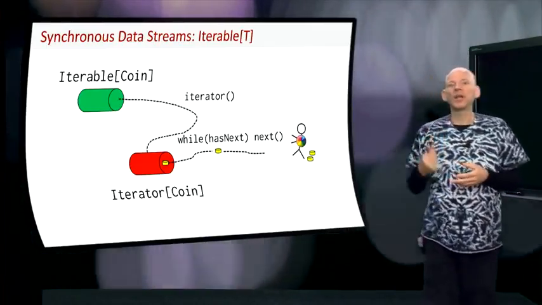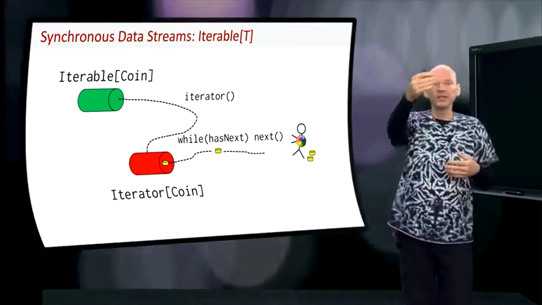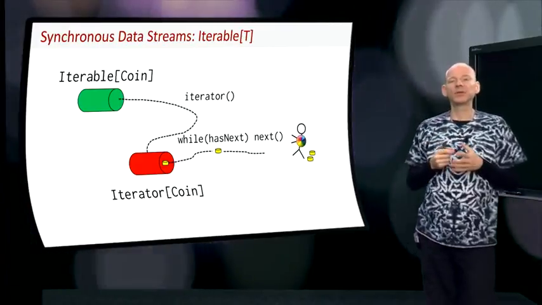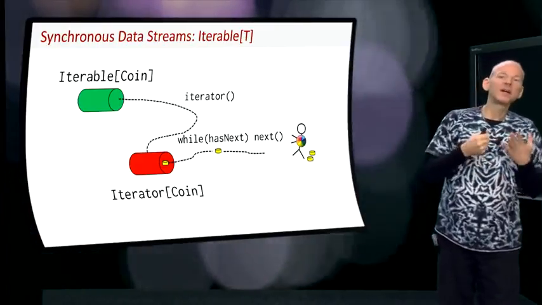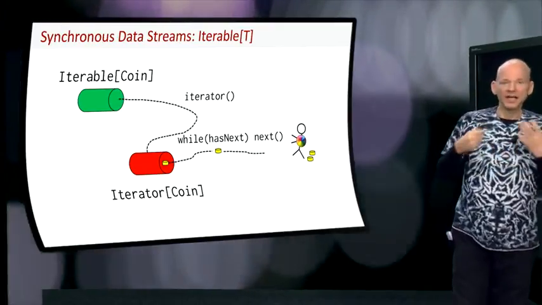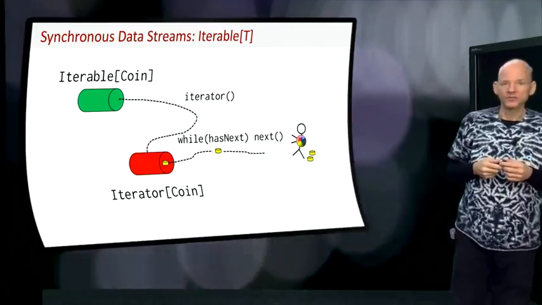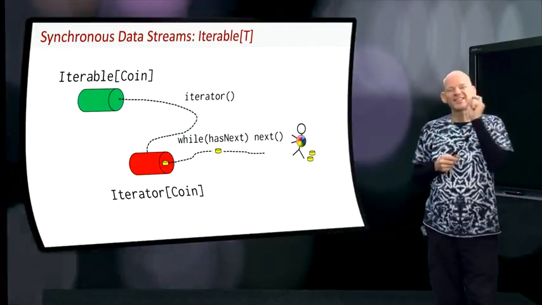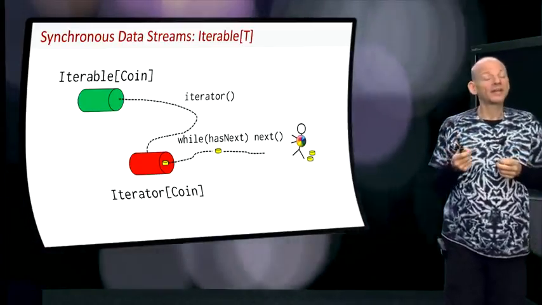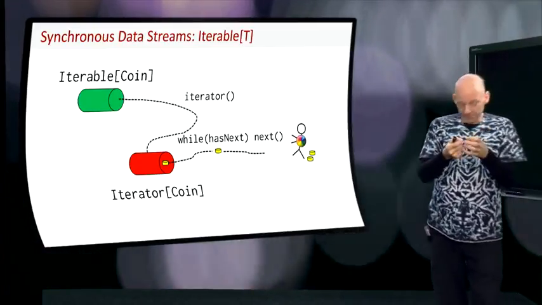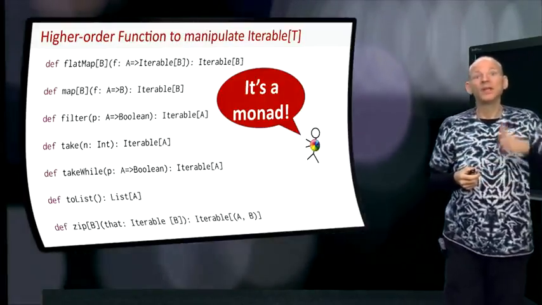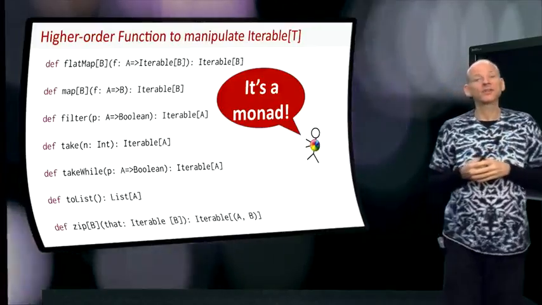And once we want to pull the coins out of our wallet, we have to first get the iterator, and then we go typically in a loop while there are more values in the iterator. We call next, and that's the way we collect our coins. Now notice that this is a synchronous stream or a pull-based stream. Every time we call next, we block until the next value is produced. And we'll see the consequences of that later.